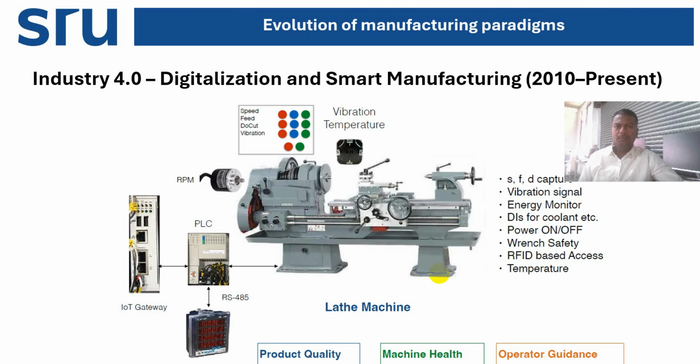All the data is received through the PLC to the IoT gateways. It is a medium between the operator and the lathe machine, a connectivity system. Sensors like vibration, temperature, and RPM are the general parameters when we want to control a lathe machine, like speed, feed, depth of cut, and vibration.